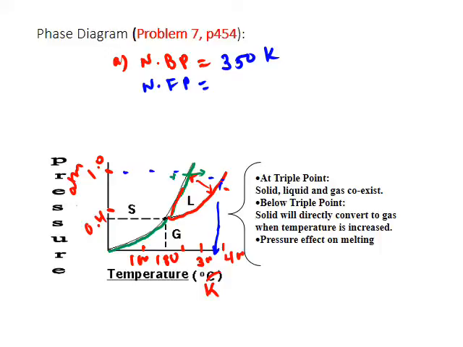I'm going to show you a line with the blue line, and extend it downward, and it would go somewhere here. Let's make this number around 250K. So normal freezing point would be 250K.